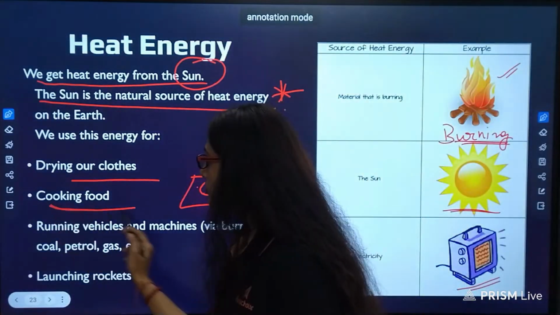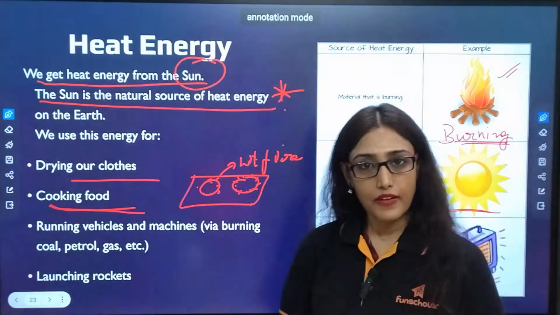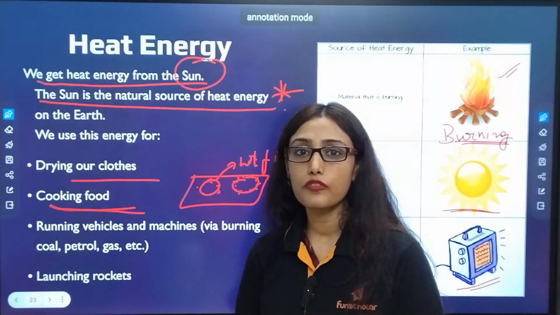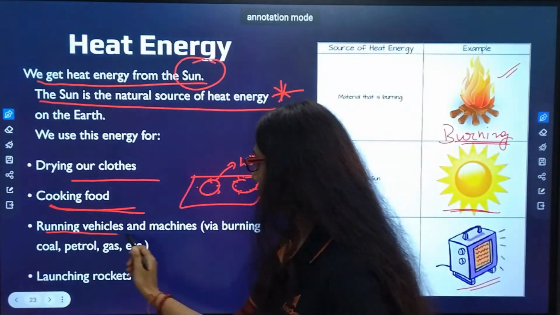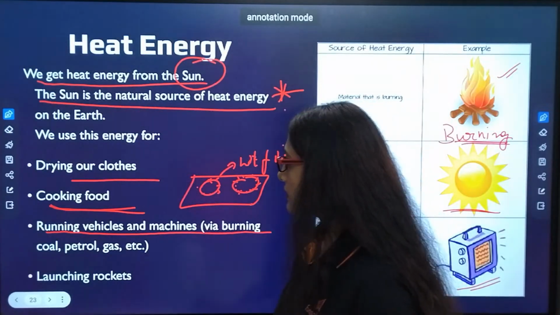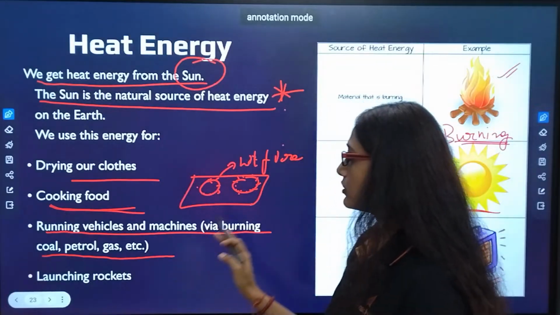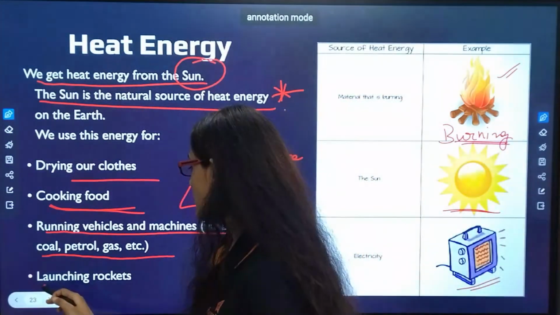And then you do what? You cook food. Okay. Even the car, I have shown you and I have told you that burning of fuel or petrol is done. So see, vehicles and machines are running because coal, petrol or gas are being burned as fuel.